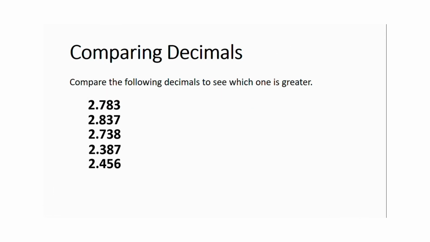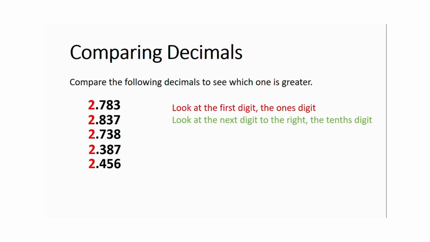Now, if we're comparing a bunch of decimals at the same time, we still follow the same method. Look at the first digit, the ones digit. They're all 2, so they're all equal. Next we look at the tenths digit, and we have a 7, an 8, a 7, a 3, and a 4.